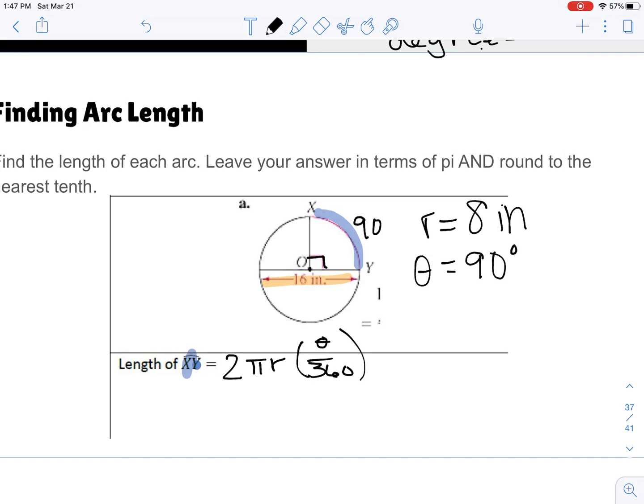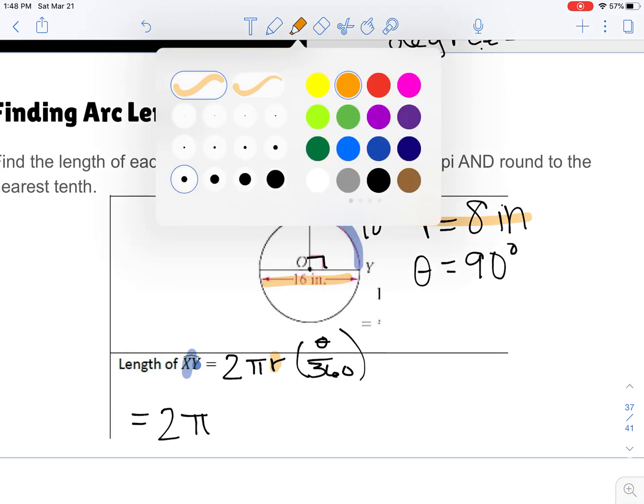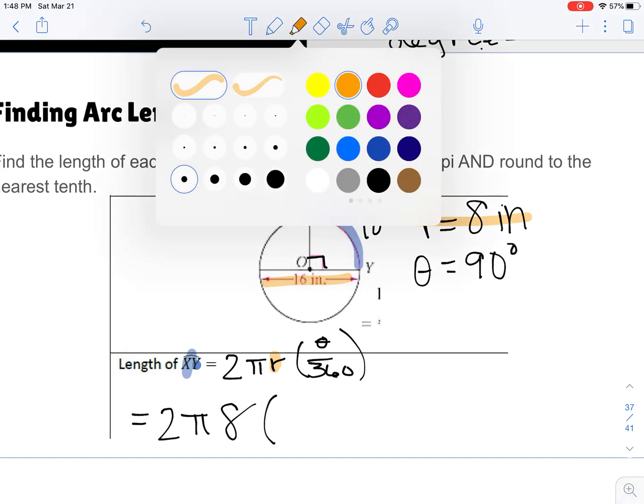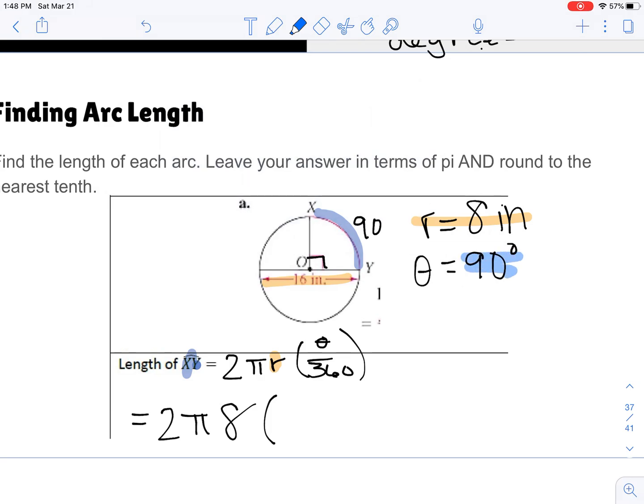And now we would substitute. We have 2 pi times r, which is 8, times the angle measurement, 90 over 360.